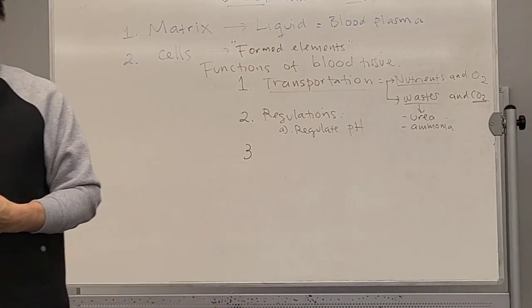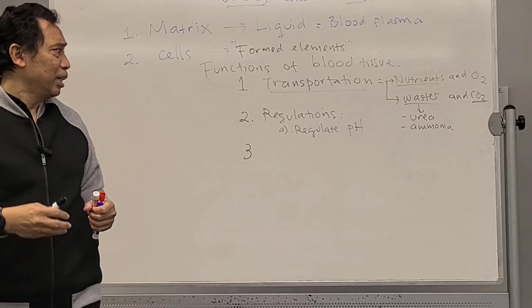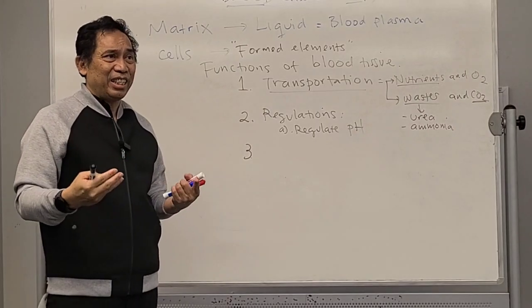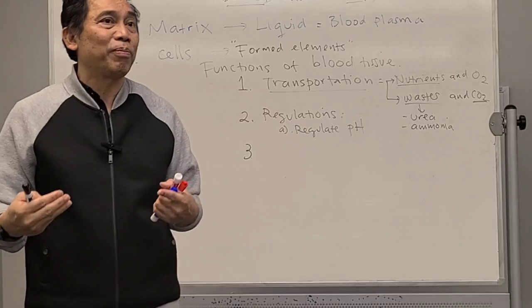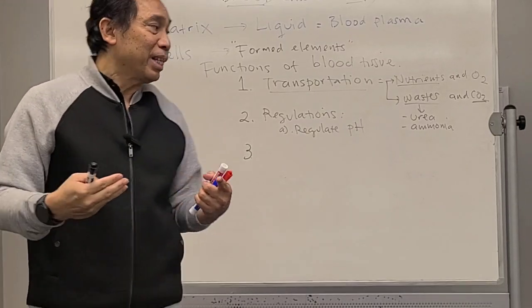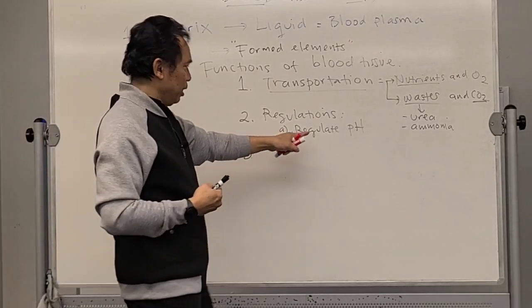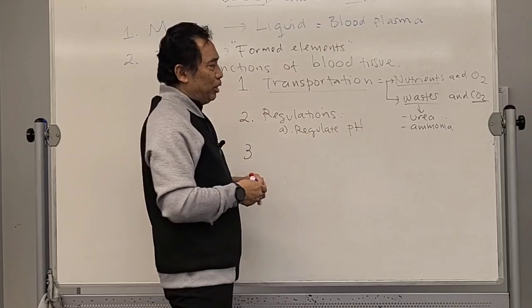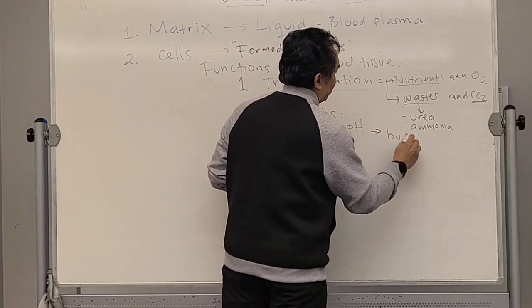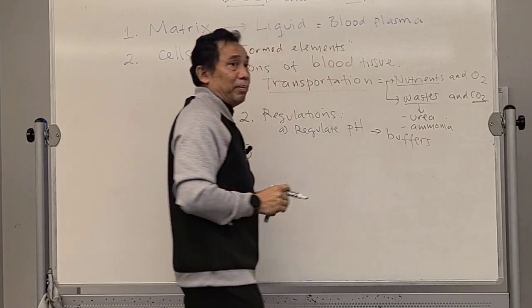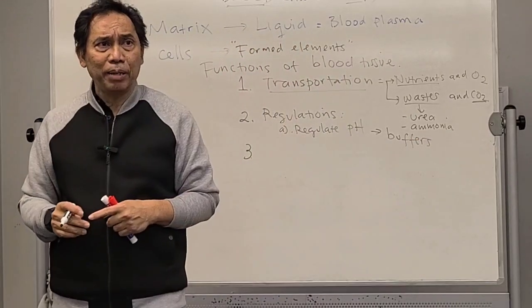Last time we mentioned what happens if we have too much acid in the blood or too much base in the blood, you have a problem. So therefore, blood has this ability to regulate the pH using what we call buffers. There are buffers in the blood that regulate the pH.